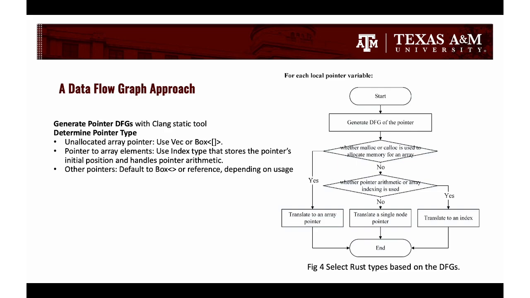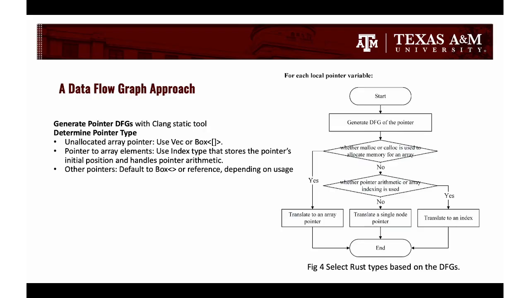After using Clang's static analysis tool to create a data flow graph outlining key pointer operations such as memory allocation or pointer arithmetic, we feed the pointer declaration and its data flow graphs to the LLM, which decides among a box of slice, reference, Vec, or Box, or index.